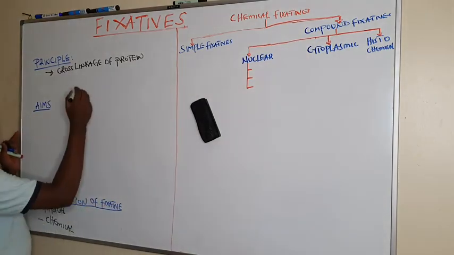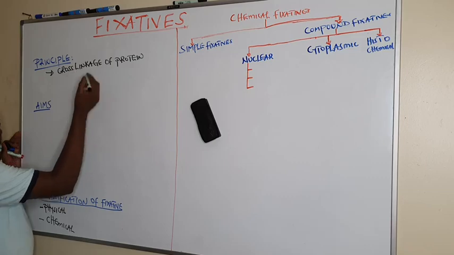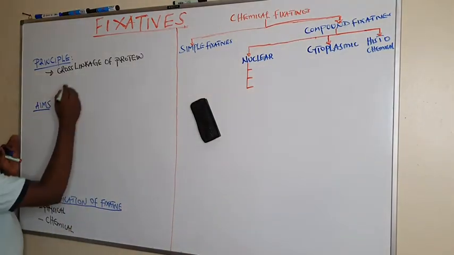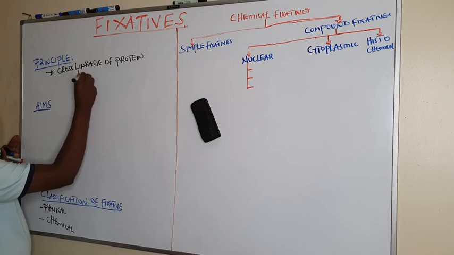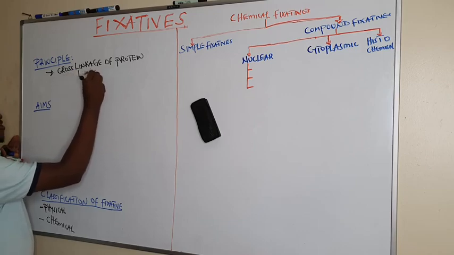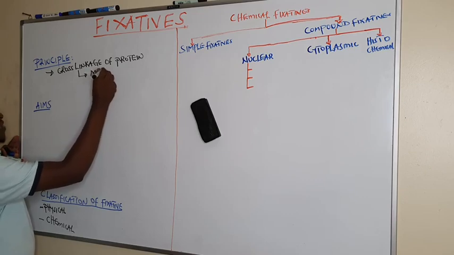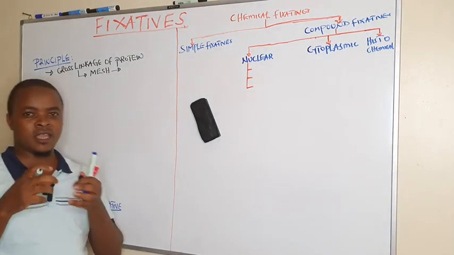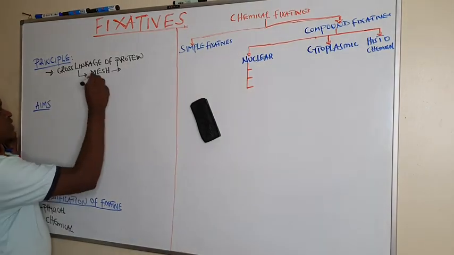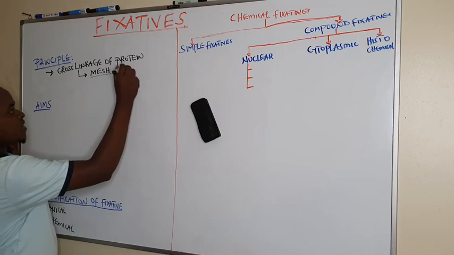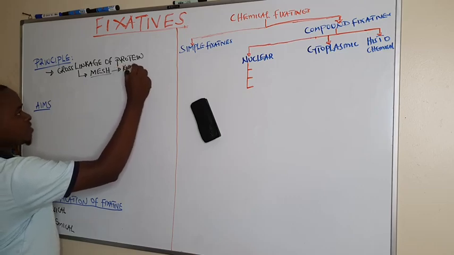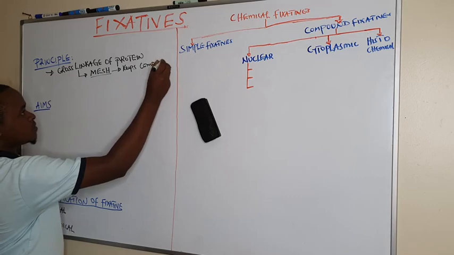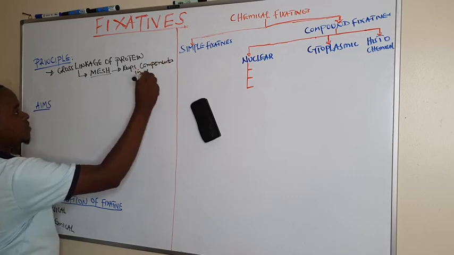When cross-linkage occurs, for example, when you're using formaldehyde or glutaraldehyde, they form cross-linkage of proteins in the cell, which ends up forming what we can call a wire mesh. And this wire mesh is the one that keeps the structure of the tissue or cells in their position. It keeps the cellular components in position.